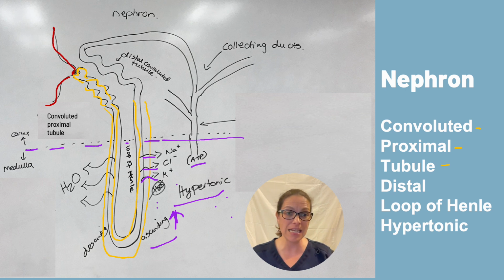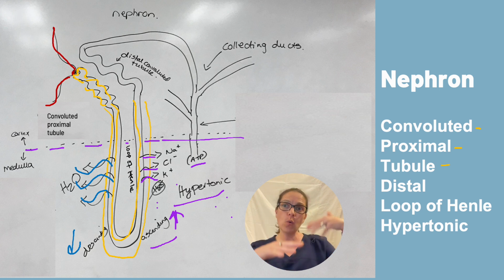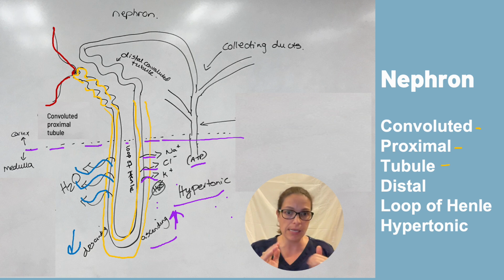This means it's coming down. Oh, that's a really bad arrow, but you get my point. It allows passive flow of water, meaning no energy used, to come out of the descending loop of Henle in order to equalize this saltiness.